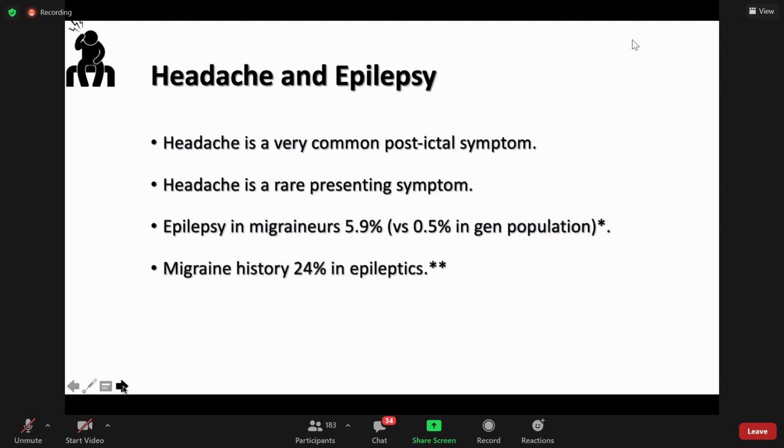And the migraine history may be found in about 24% of epileptics. And anti-epileptic drugs are effective for prophylaxis of headache in migraineurs as well as in epilepsy. The most effective prophylaxis for the headache associated with epilepsy is valproate and topiramate.